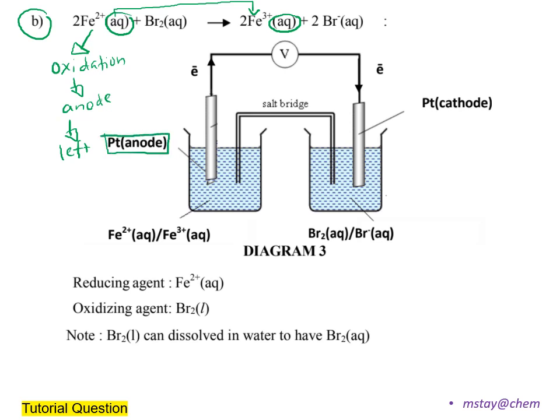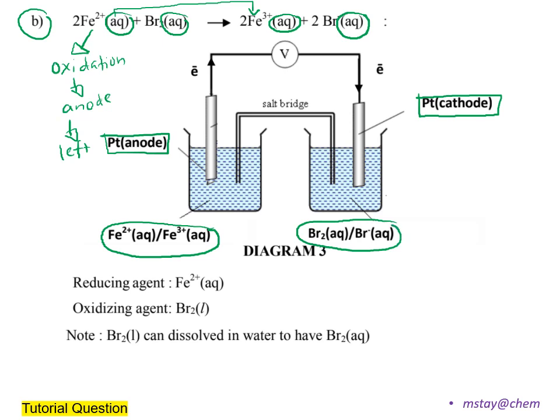A similar case happens when the bromine is also aqueous, and the bromide ion is also aqueous. So we will also use platinum to represent the electrode. Then as usual, the solution must contain both Fe2+ and Fe3+ as the anode, while the bromine and bromide ion will be aqueous in the cathode solution.